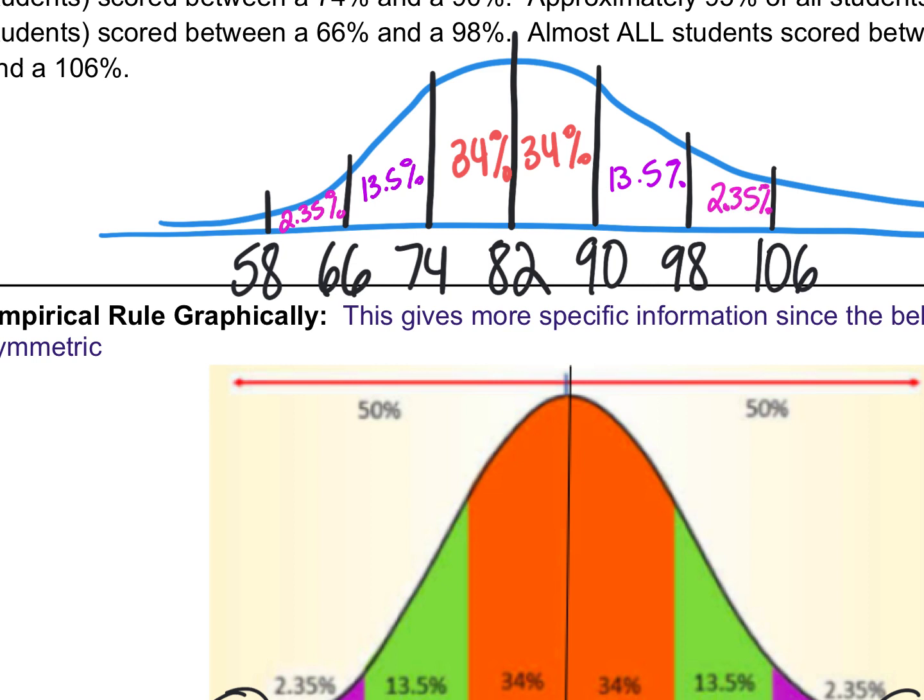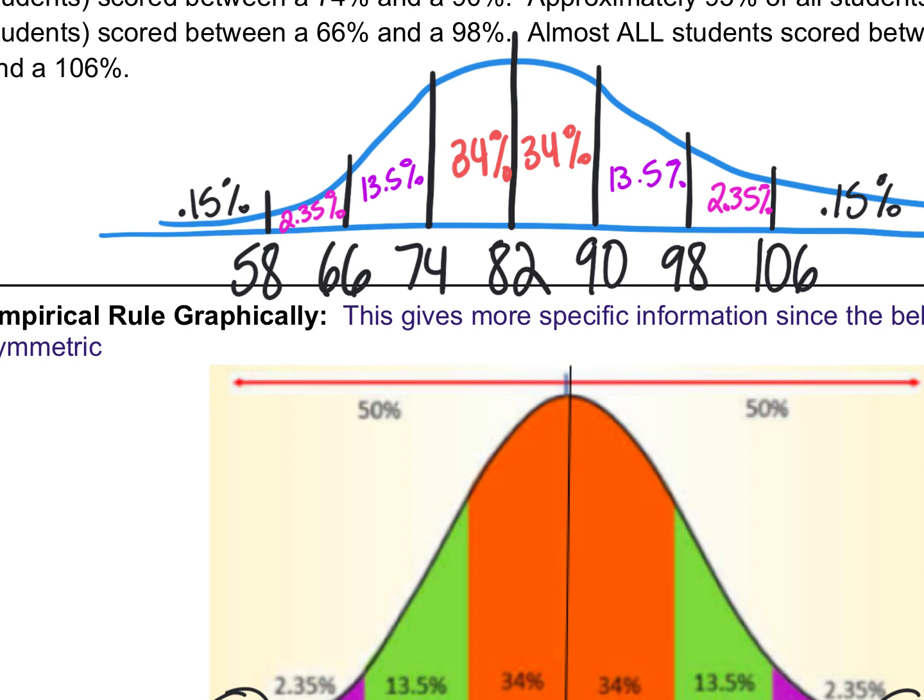And on the outsides of my curve, the outliers, we've got 0.15% on each side. That's all we need. What questions do you have?